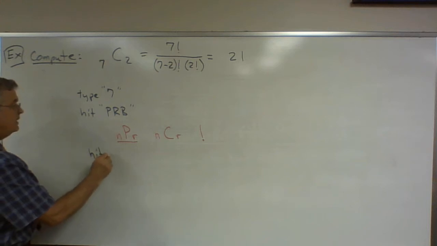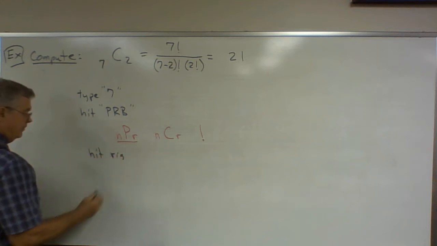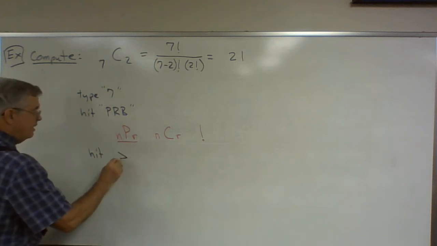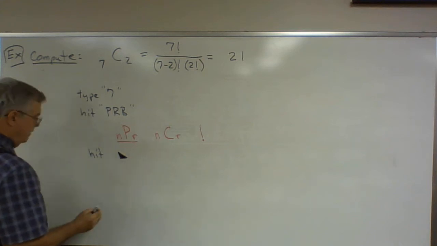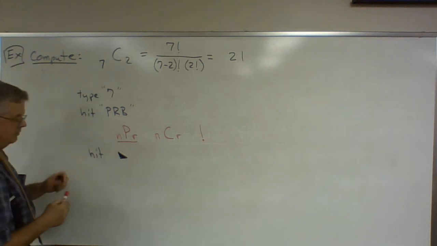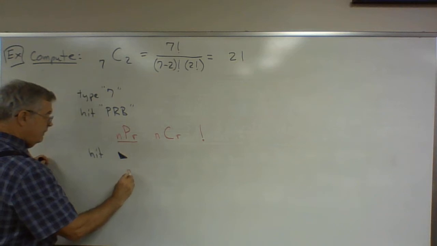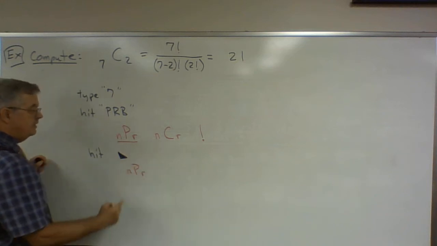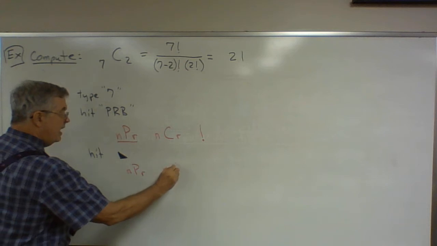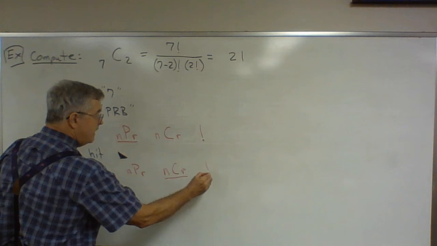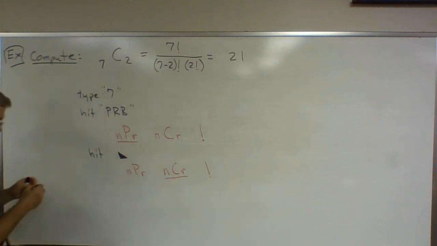So what we do is we hit the right arrow button on our calculator. And what that will do, it will move the underline from here to here. And what we'll see is NPR, NCR underlined, and factorial. We'll hit enter.